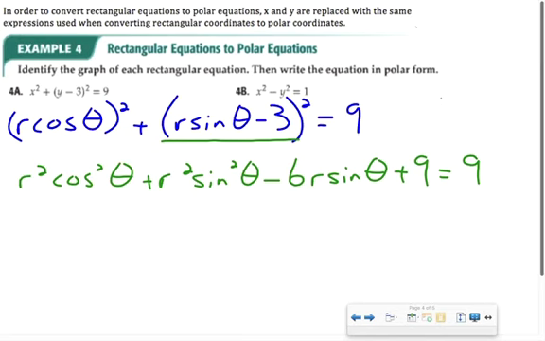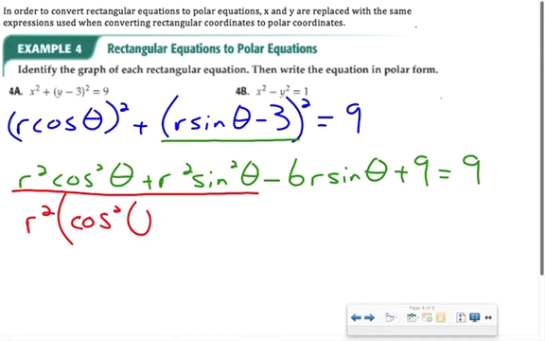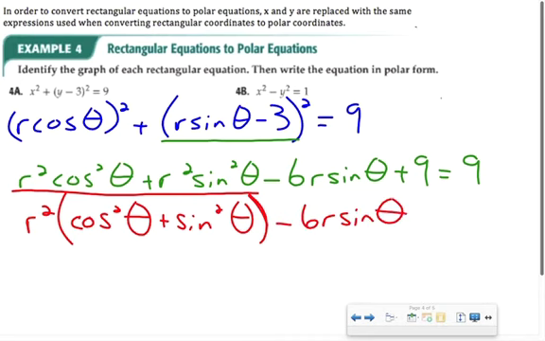Well, what can I do here? What I can do is factor out the r squared from these first two terms, and hopefully your brain will remember something, as painful as it may have been. Minus 6 r sine theta equals 0.